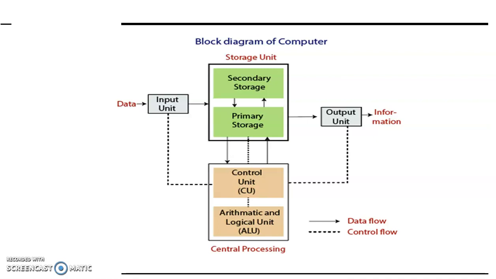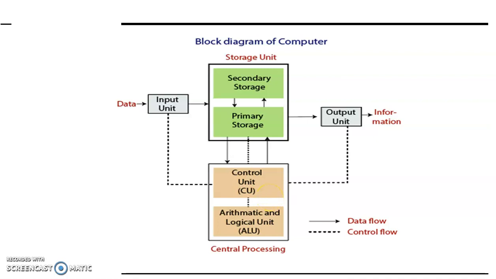That means you can randomly access your data and you can process it, and you can read it. Data is flowed from storage unit to the CPU and vice versa.